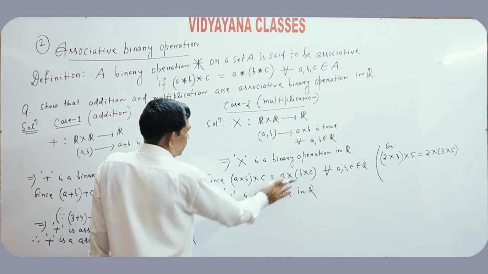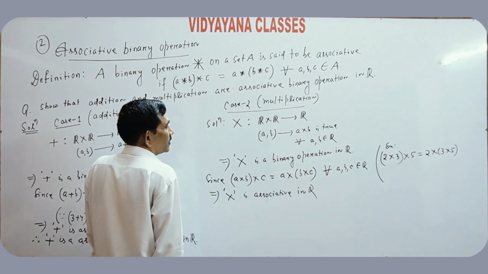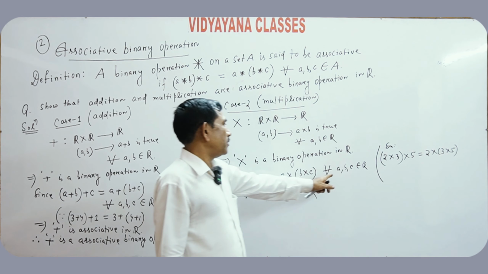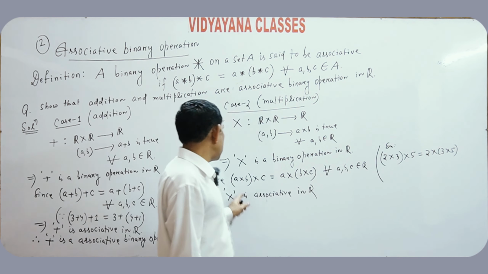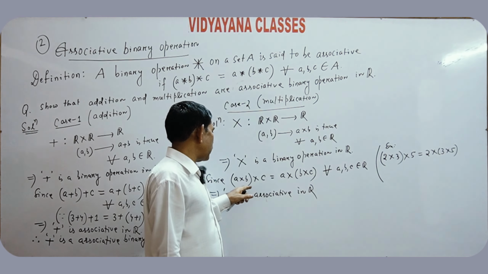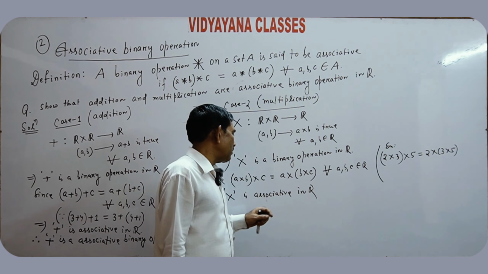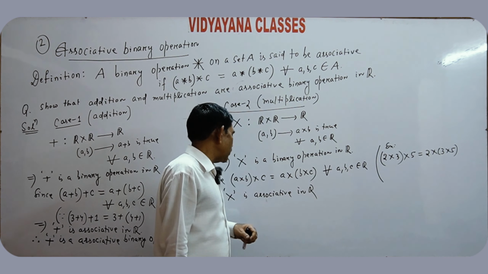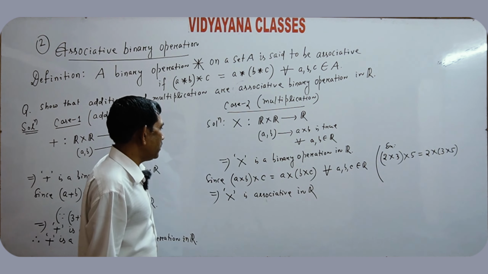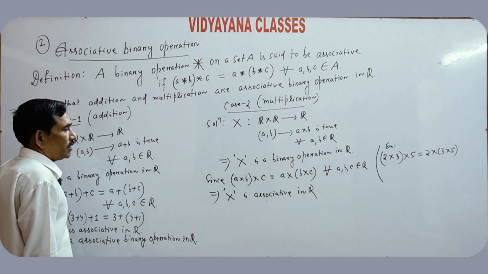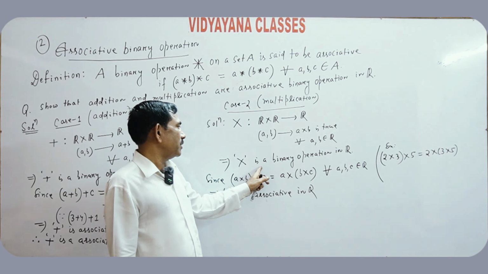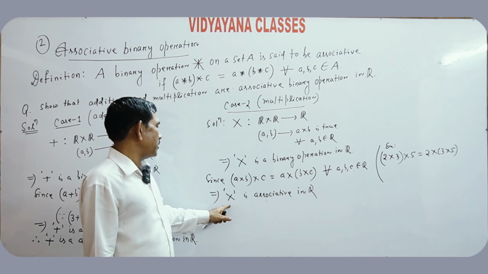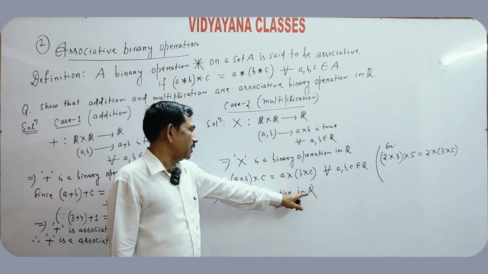If this equals this, then the product is associative. So multiplication is associative in R. Multiplication is a binary operation in R, and multiplication is associative in R.